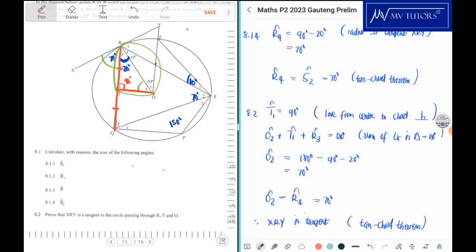It's sort of like the converse of the tan-chord theorem. Alrighty, and that is it with question 8.